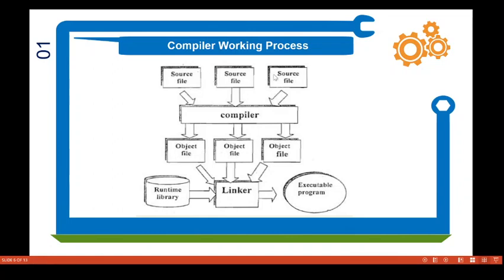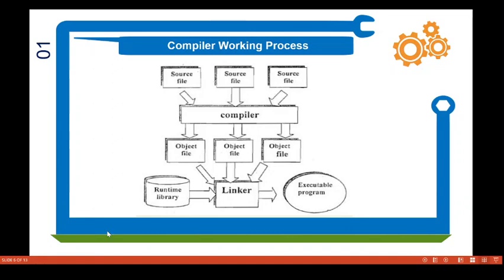But the code that is going to be written here is alphanumeric code, which is the combination of characters, letters, and numbers. So the compiler will help in converting this code, or source files, or high-level language into machine code, which is a low-level programming language.